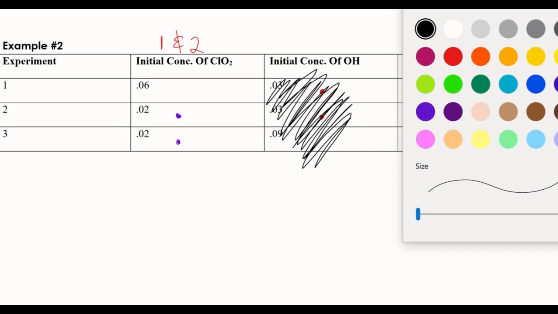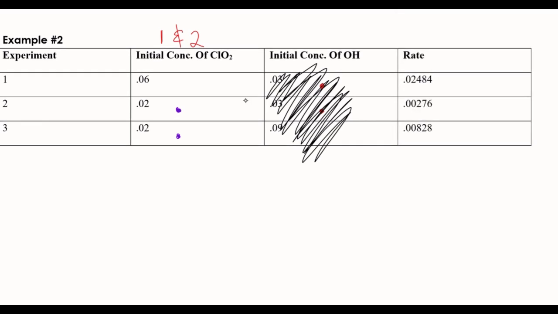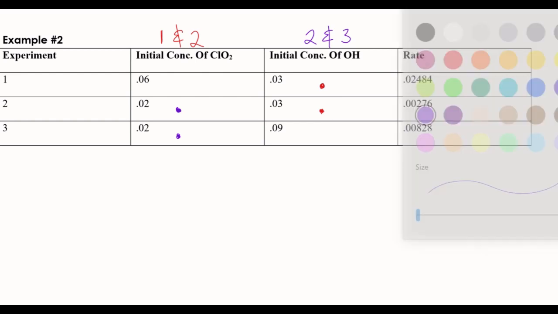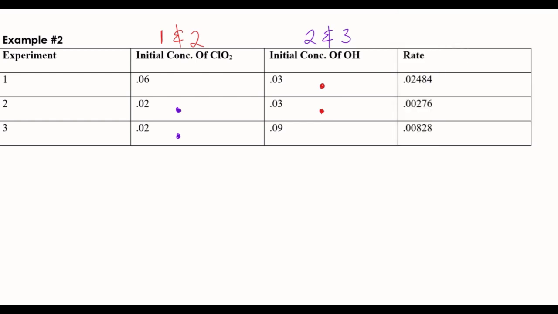And you can see that we should use reactions number 2 and 3 for the OH. All right, so let's get rocking here. So we have rate number 1 and experiment number 1 and experiment number 2 that we're going to use.